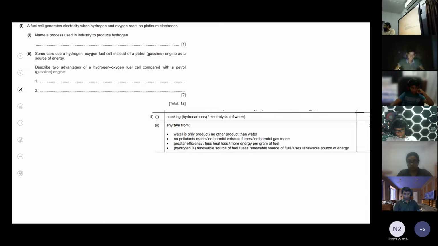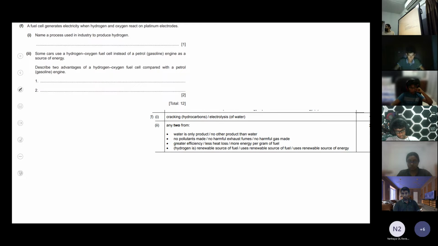Eco-friendly is all right, but eco-friendly is a very general point. You'll be asked, why is it eco-friendly? It doesn't emit greenhouse gases, or less greenhouse gas is emitted. In your Cambridge O level, you must be a little more specific, more technical in your terms.